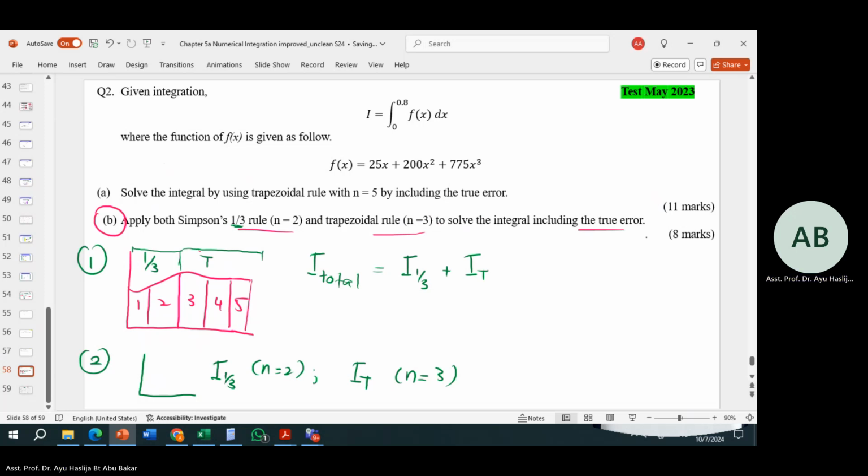But my intention initially is for you to combine Simpson and trapezoid like this. But when you read the question, sometimes you can interpret your own meaning, whether to combine or to use fully Simpson 1/3 and fully trapezoid.